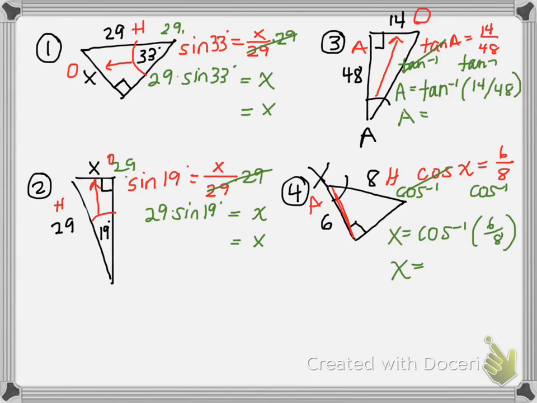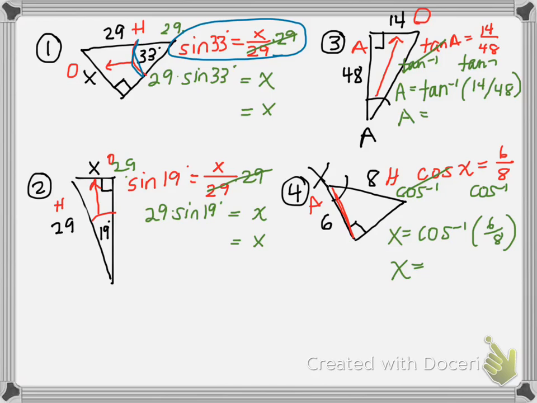Okay, welcome back. So as you can see, I have went ahead and put some of the information down that we would have used. So for number 1 here, we have our sine function of our angle at 33 because we have our opposite and our hypotenuse. And so we're going to use sine of 33 equals x over 29. And that's written right here.